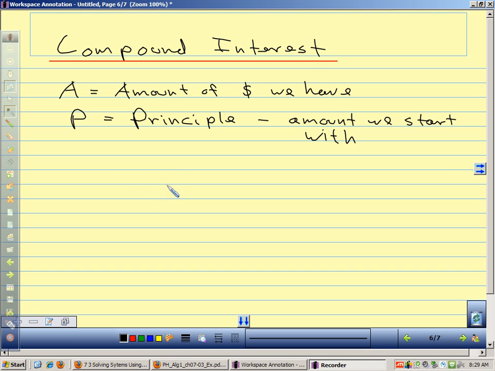And X is the interest rate, as a decimal. And N is the number of pay periods.